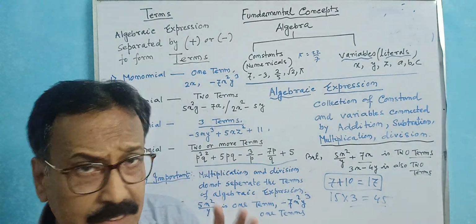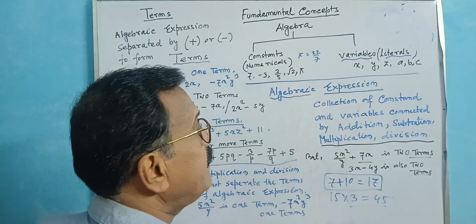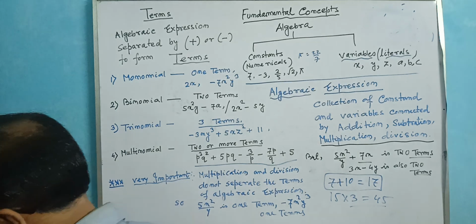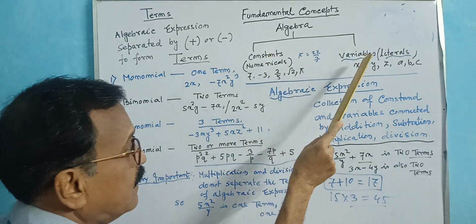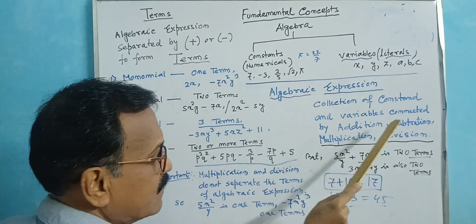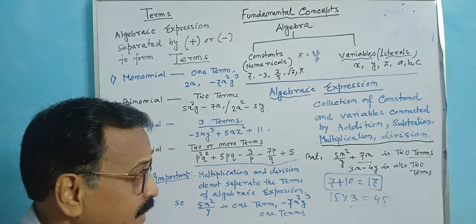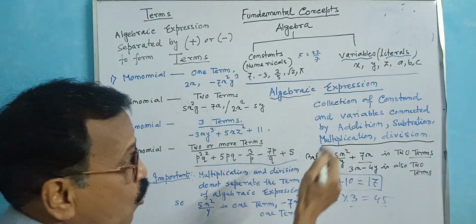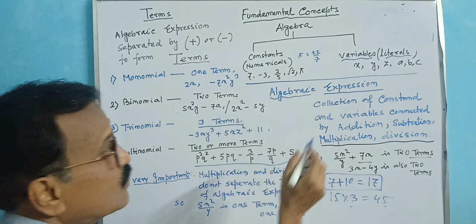Okay, now the first algebra considers this. Now what do you mean by an algebraic expression? An algebraic expression is a collection of constants and variables connected by addition, subtraction, multiplication, division. Clear? A collection of constants and variables connected by addition.